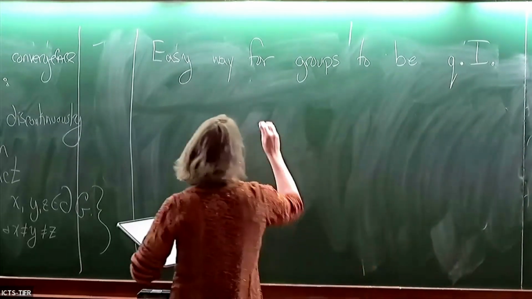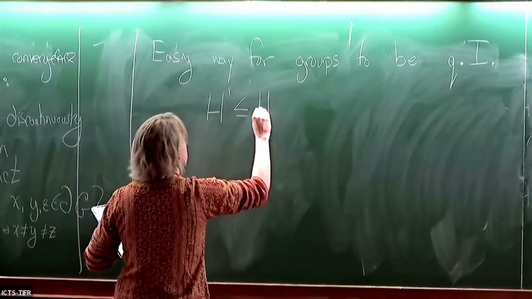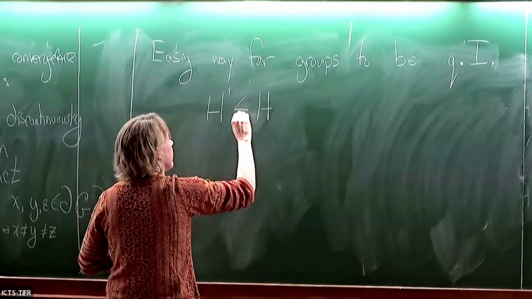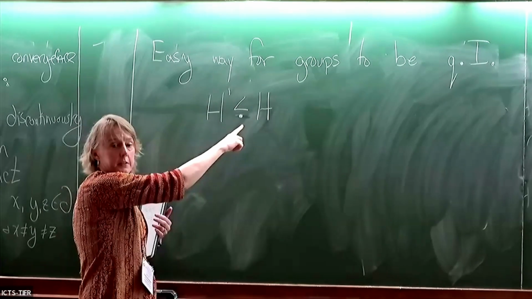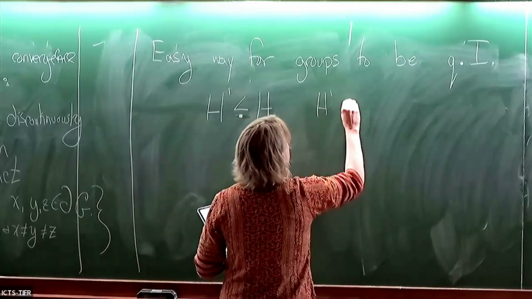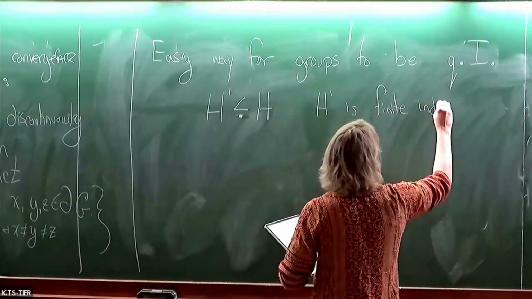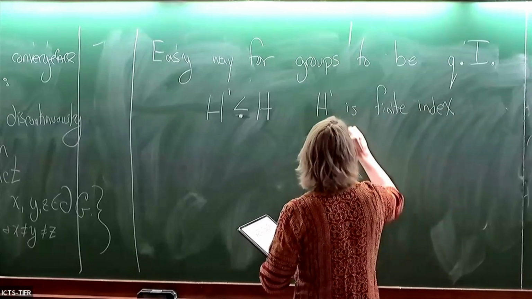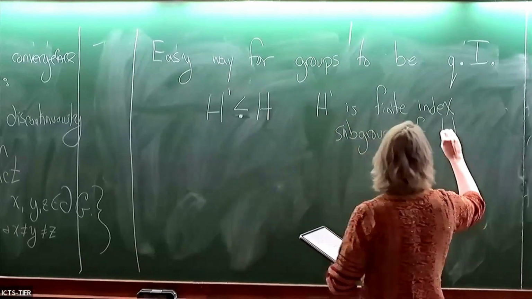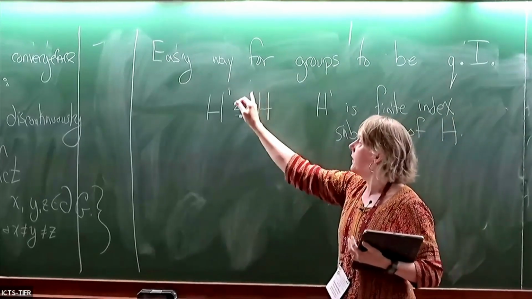If H prime is a subgroup of H, and I'm going to use this little dot notation to mean a finite index subgroup, so H prime is a finite index subgroup of H.